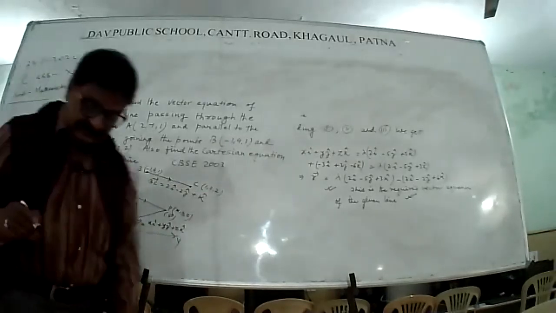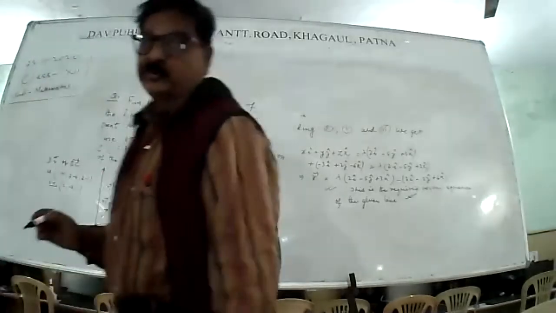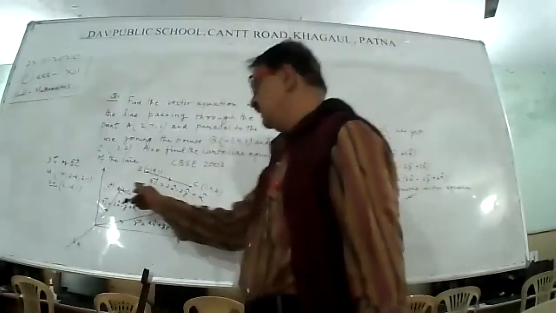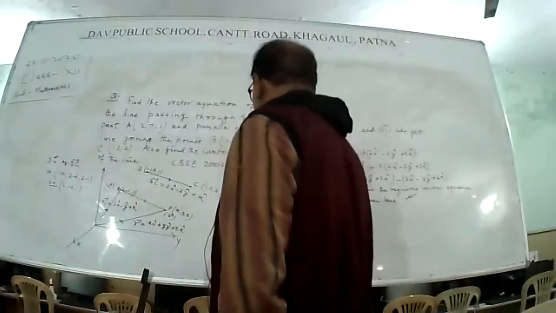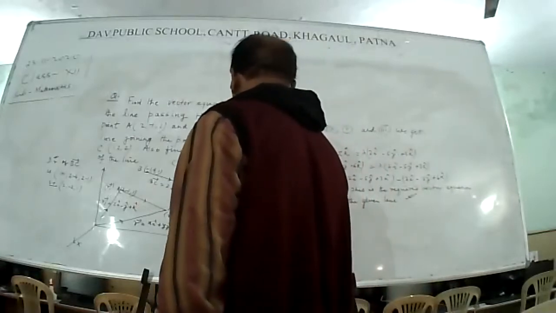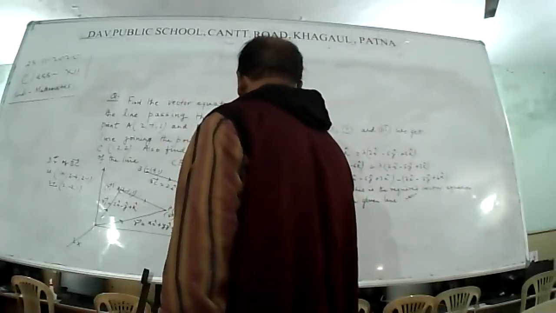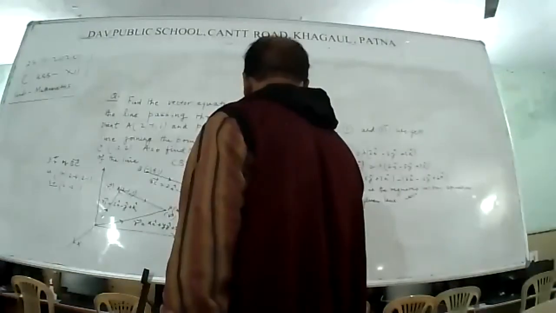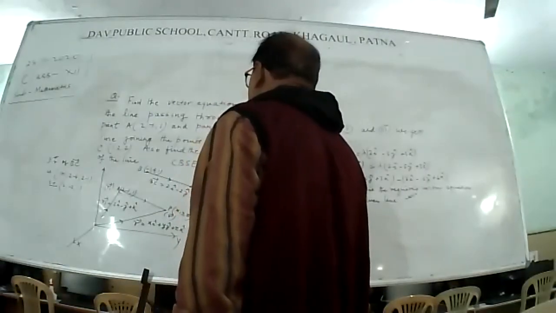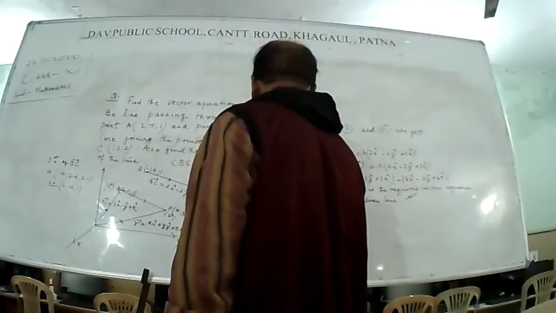And we know that the vector equation of a line passing through a given point A is r vector equal to r1 vector plus lambda BC vector.